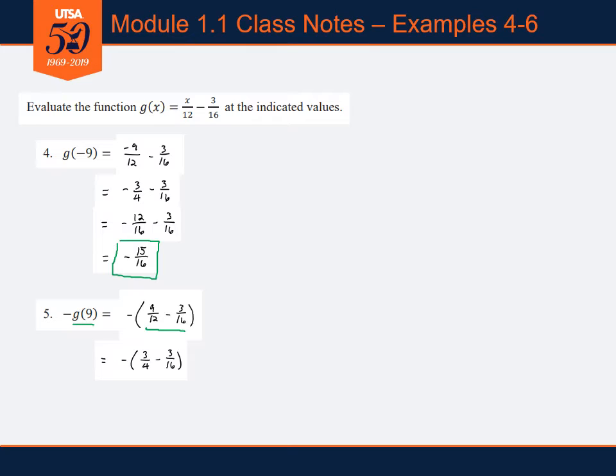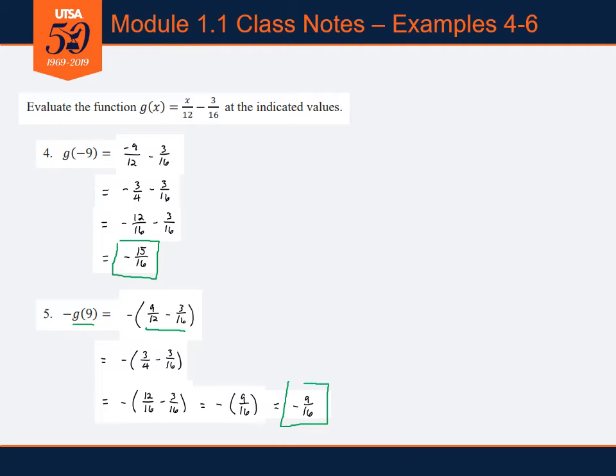Reducing that fraction, to subtract fractions, we need a common denominator. So I have 12 over 16 minus 3 over 16. This time, 12 minus 3 is 9 over 16. And finally, having reduced what's in the parentheses, now I'm going to apply the negative that was outside the parentheses and change that 9 over 16 to -9 over 16.